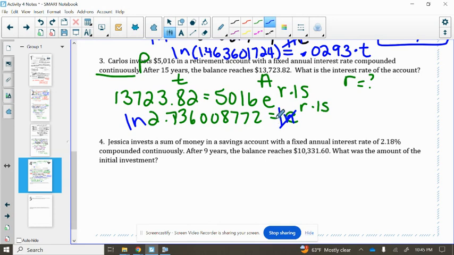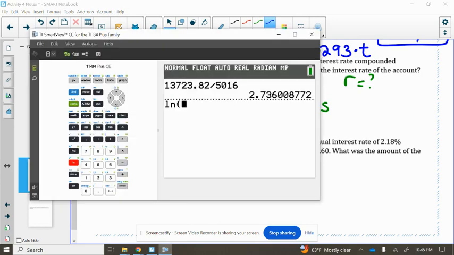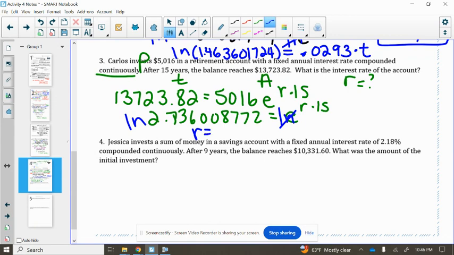So we can divide over the 15 from the ln. Again, we still do need the ln on the left-hand side. Divide over the 15 to get our r value by itself. This time r is going to equal about 0.0671, which if we move over our decimal place is about 6.71%.